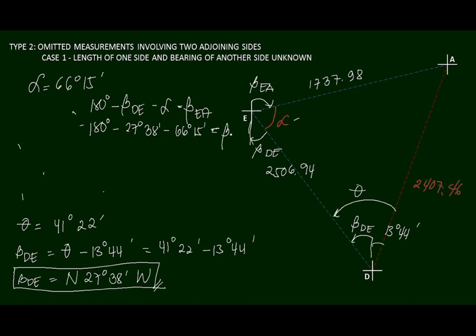Inputting that in your calculator, the bearing of EA is simply equal now to, paki-check man, 180 degrees minus 27, 38 minus 66, 15.